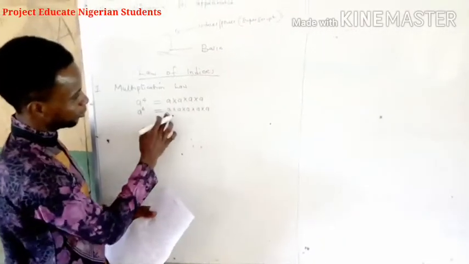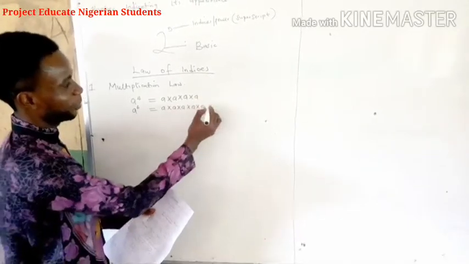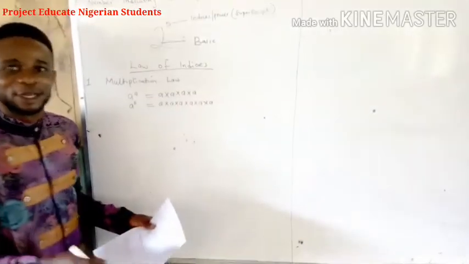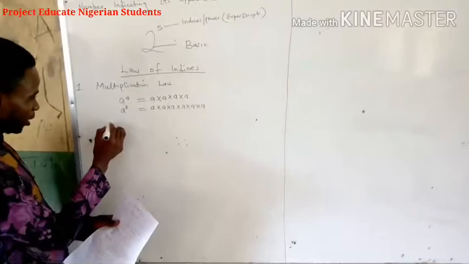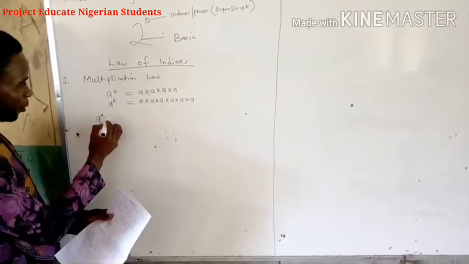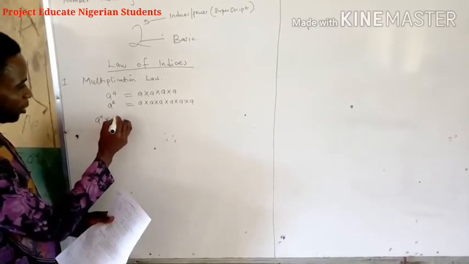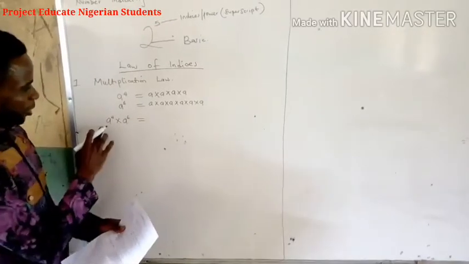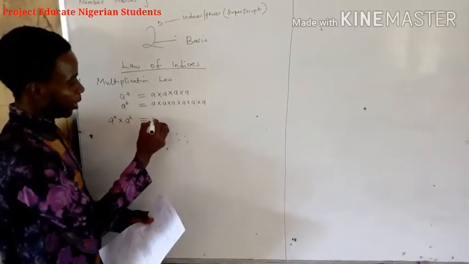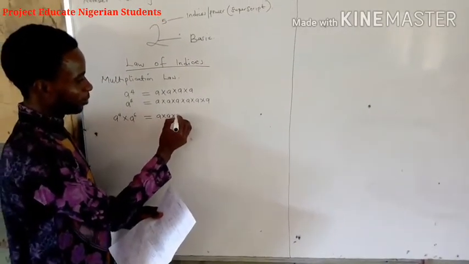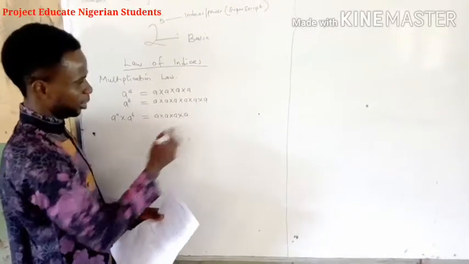Is it up to 6? 1, 2, 3, 4, 5, and 6. Now we want to multiply. We can say a raised to the power 4 times a raised to the power 6 equals, this a raised to the power 4 means a times a times a times a in 4 places.